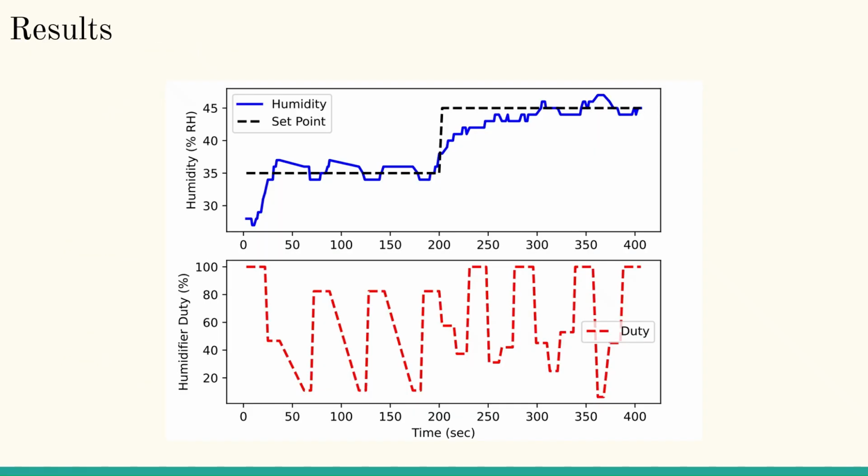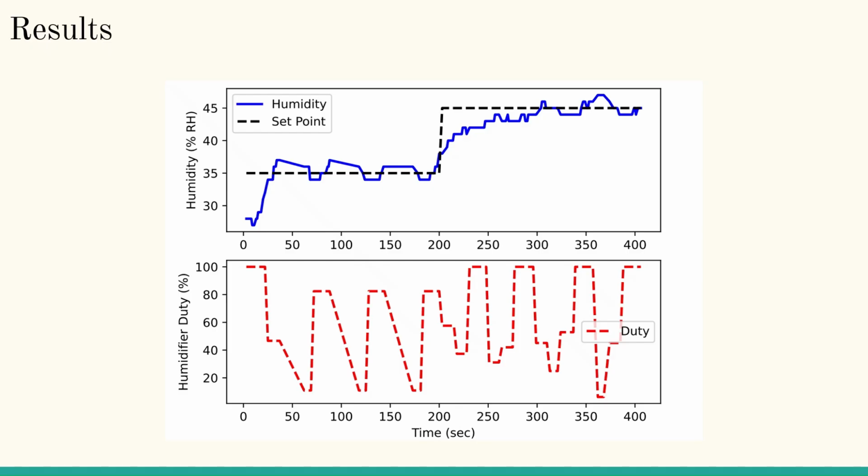This graph summarizes the results of our system and its controller. It shows the set point jump from 35% humidity to 45% humidity, and the system's attempt to track those set points. On the bottom is what we call the duty of the humidifier, and this blue line shows the humidity inside the enclosure.